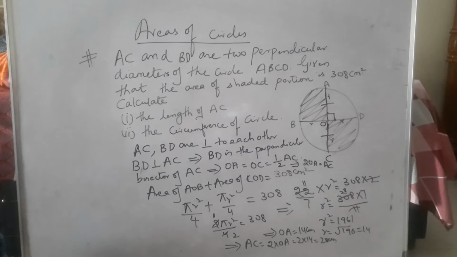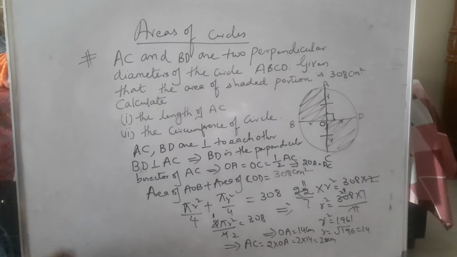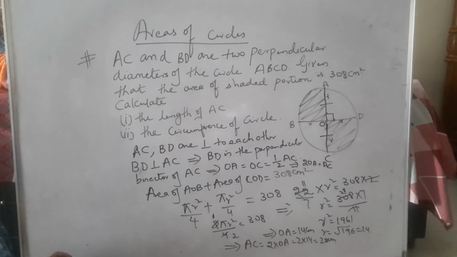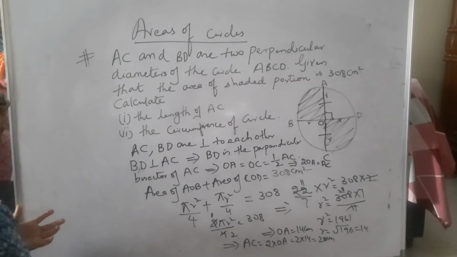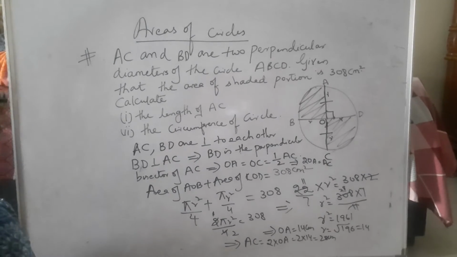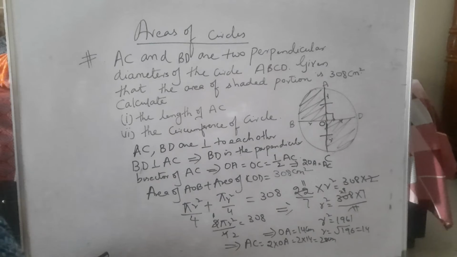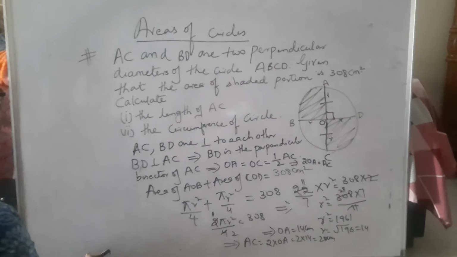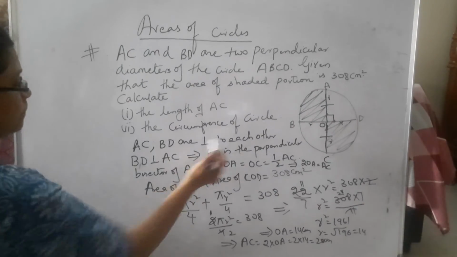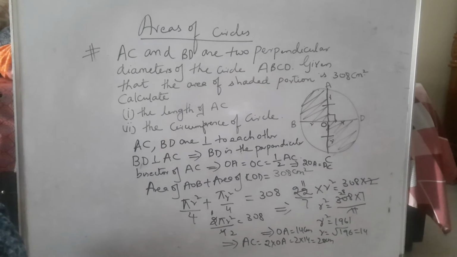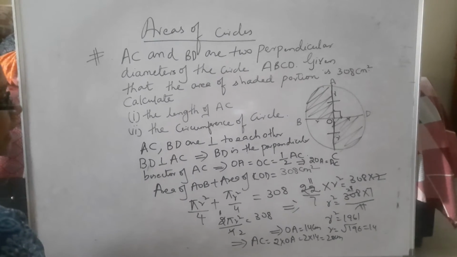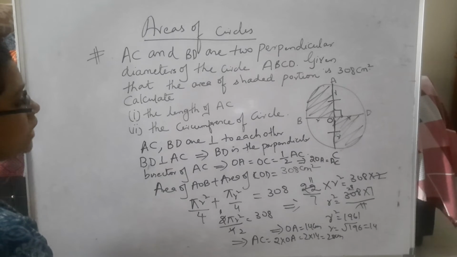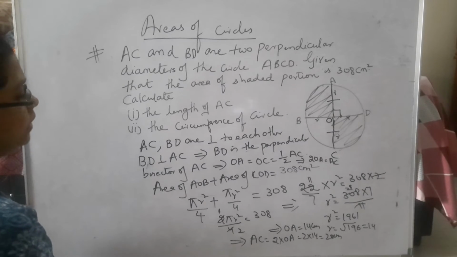I'll wait for some time so that you can go through this. And we're going to find the circumference of the circle. Let me explain again. AC and BD are perpendicular to each other is what is being given. So BD acts as a perpendicular bisector of AC. That implies OA is equal to OC is equal to half AC.